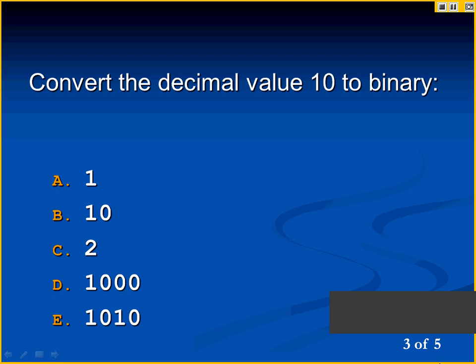If I want to go the other way, two to the third, 2 to the second, 2 to the 1, 2 to the 0. If I have the number 13, are there any 8's in 13?